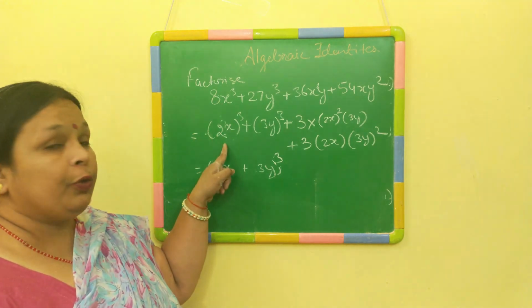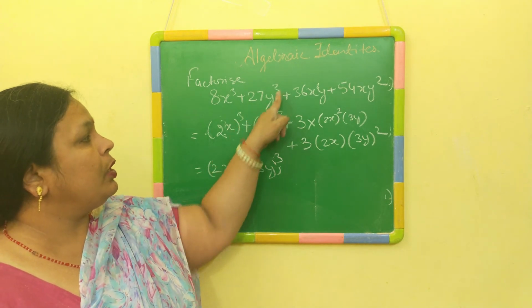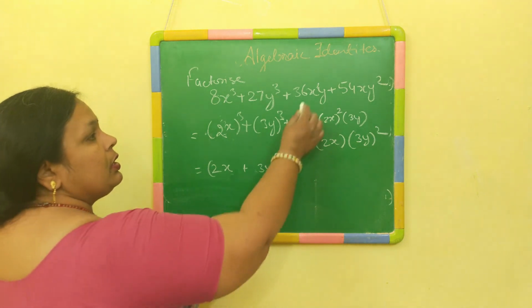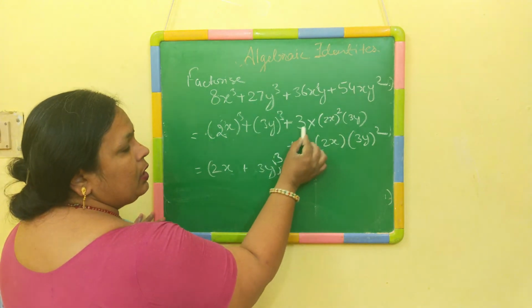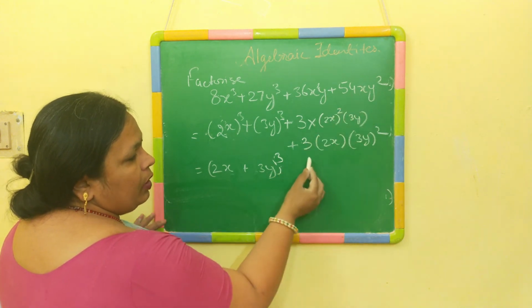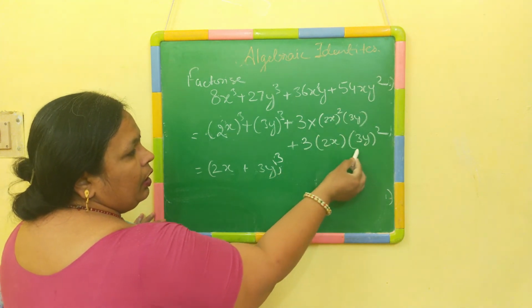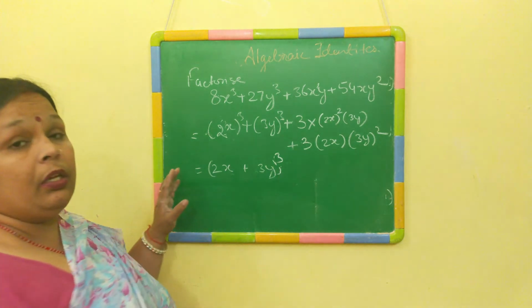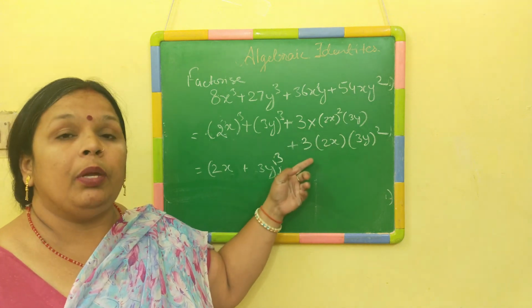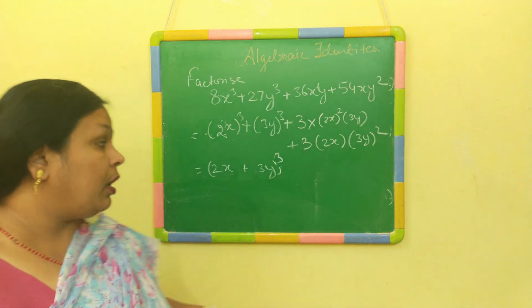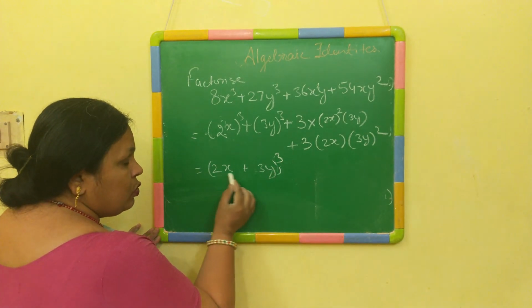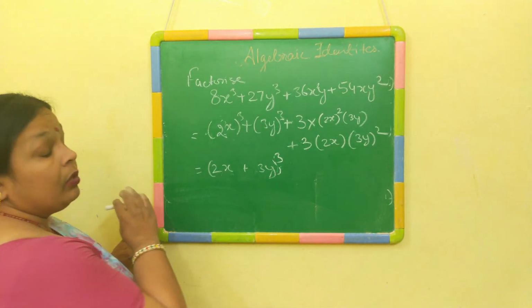This is a perfect cube, (2x) cube, 27y cube is again a perfect cube, (3y) whole cube. 36x square y can be written as 3 into a square b, and 54xy square can be written as 3a into b square, which is nothing but in the form of a cube plus b cube plus 3a square b plus 3ab square, which will result to (a + b) whole cube. A is 2x, b is 3y.